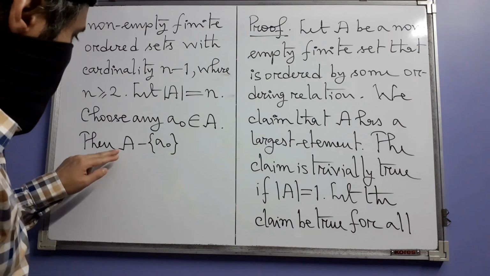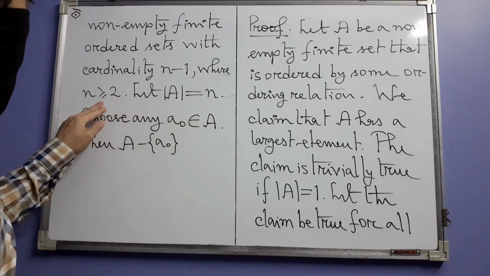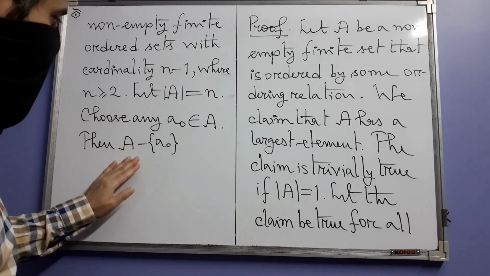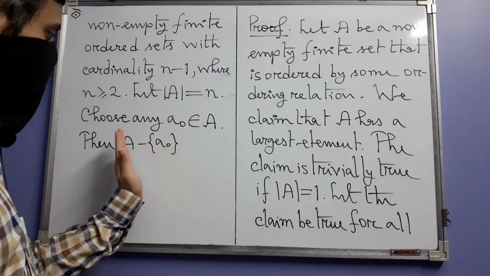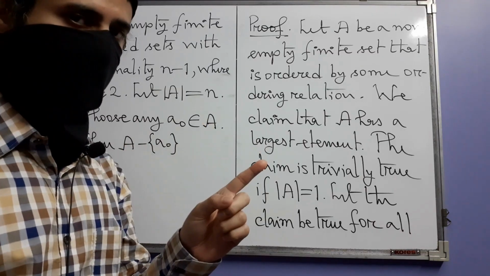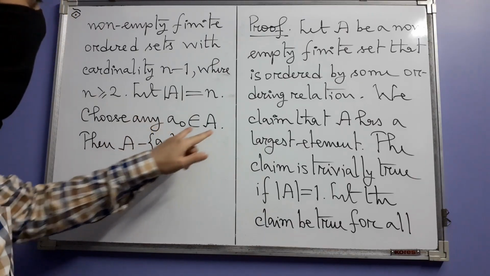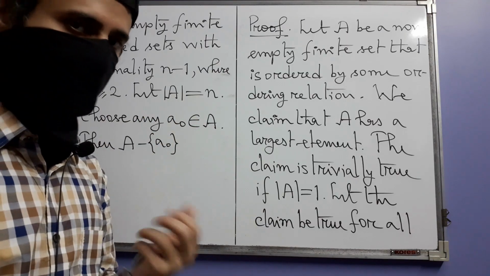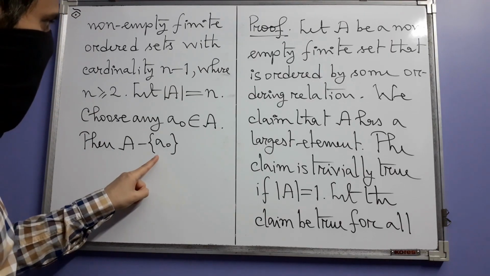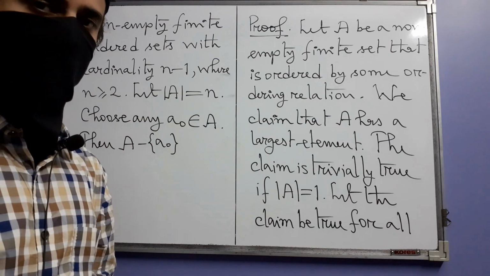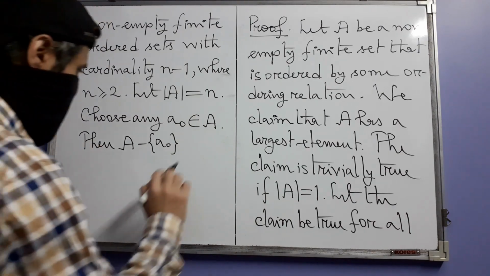The non-emptiness of this depends on the fact that A has n elements and n is at least 2. Even in that smallest case where A has 2 elements, if you remove A0, there is still 1 element left. So this is non-empty. Also, this is a subset of A, so it is finite as well because A is finite. Additionally, it is also an ordered set because it's a subset of A and A is an ordered set. So that's why we write these things.